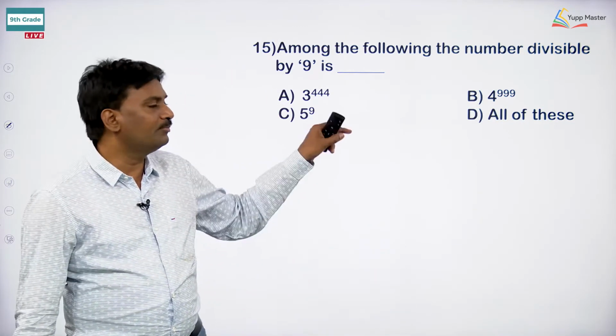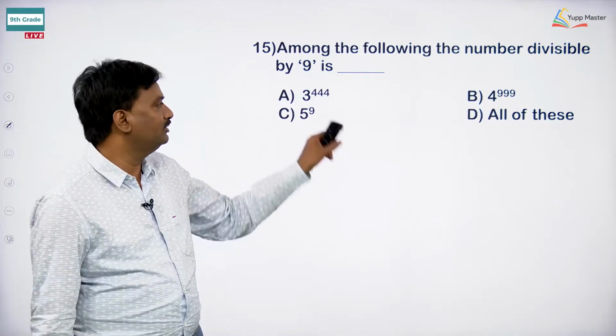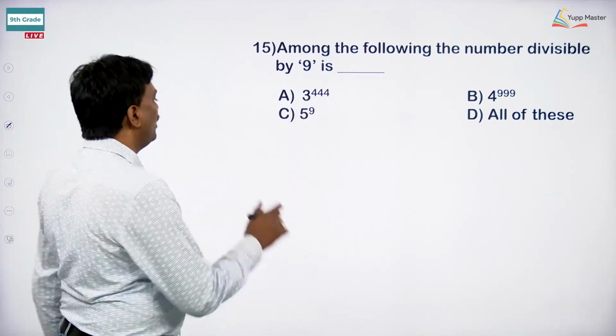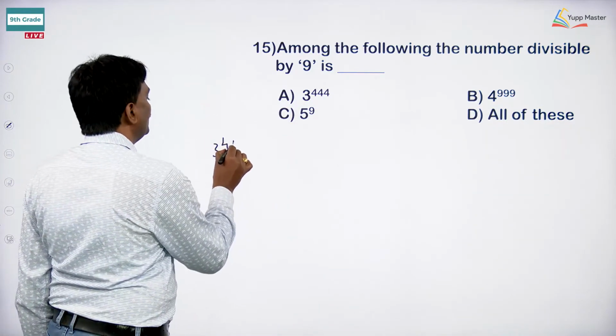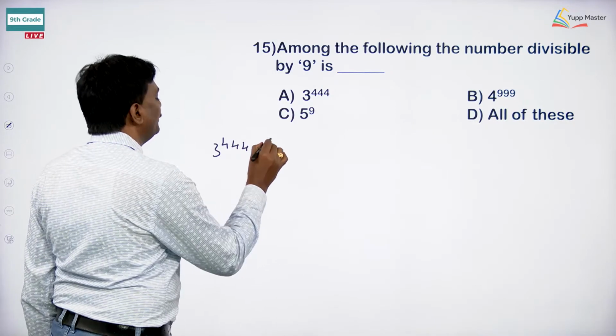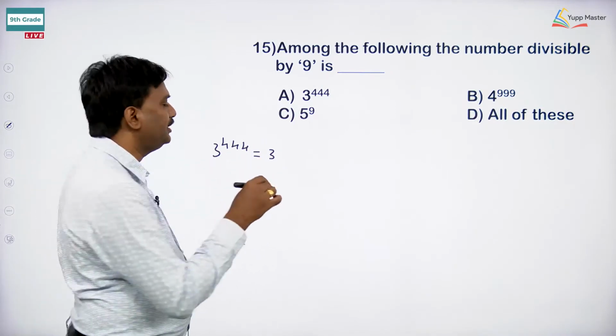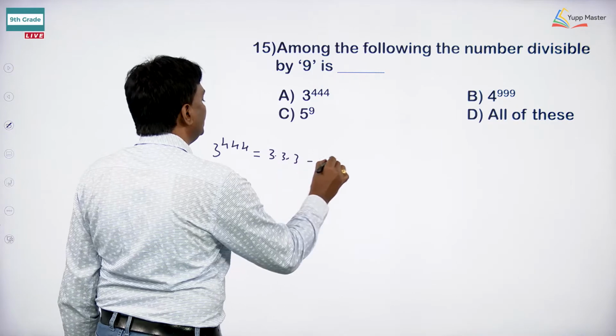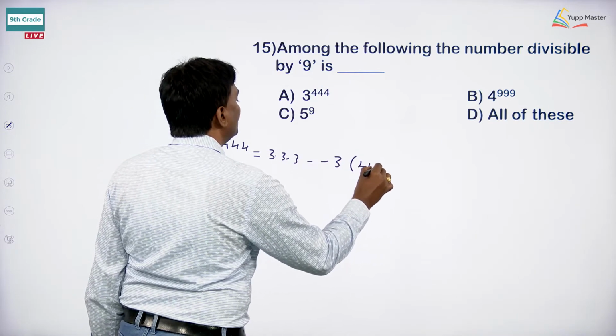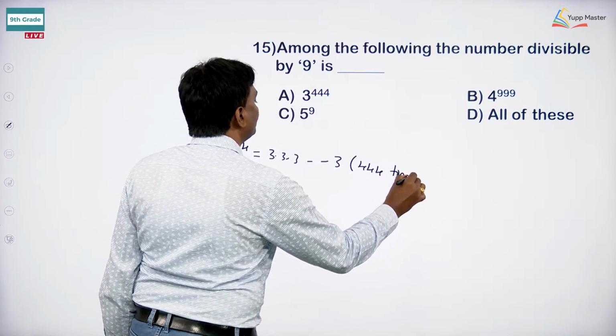But here it is not possible to apply that rule, because 3^444 means we have to write 3 into 3 into 3 and so on, 444 times.